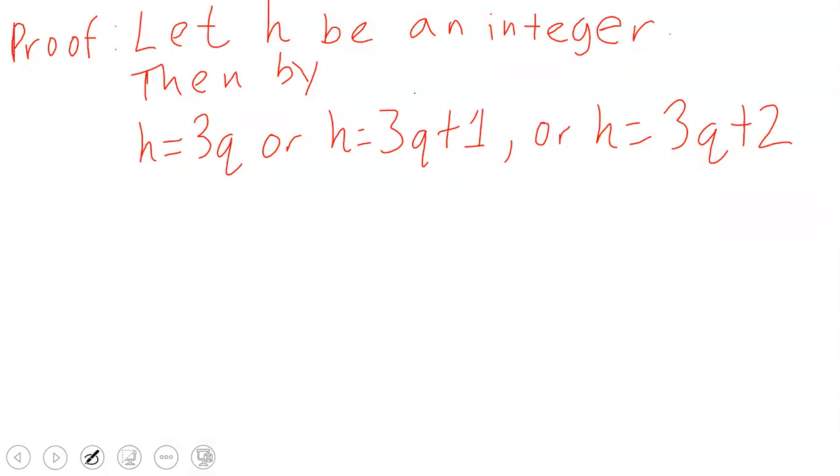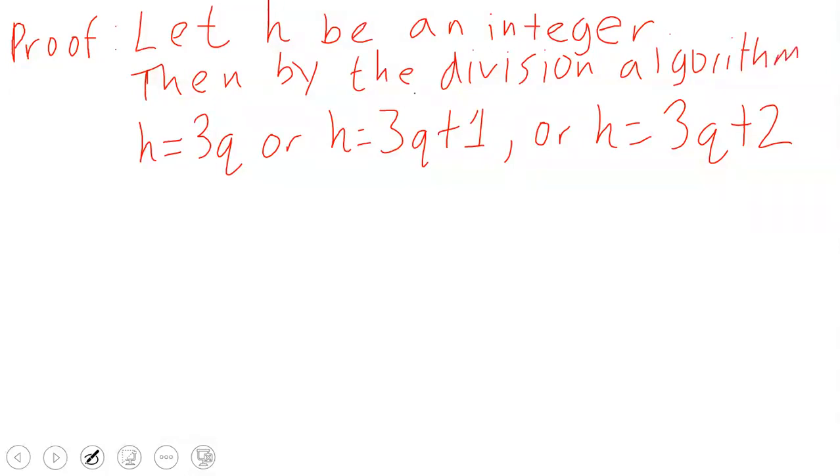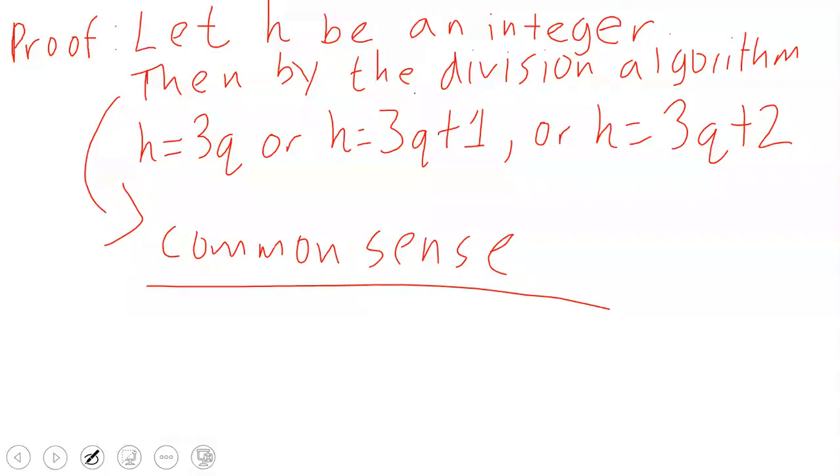So we say then by the division algorithm, or if you don't want to say by the division algorithm, you can say then by common sense, right? And don't put that in your working, but to be honest, that's what it is. Because I didn't use the word division algorithm in any of my explanation.